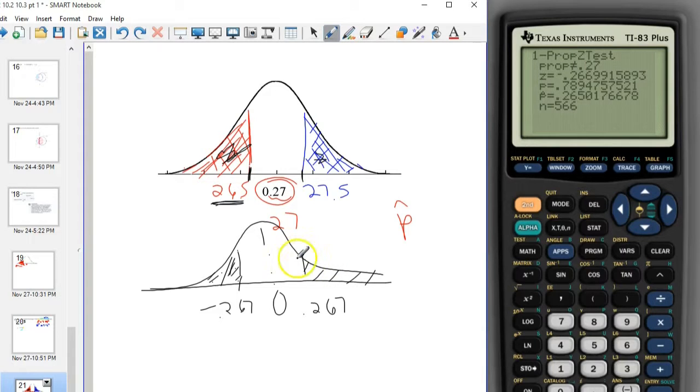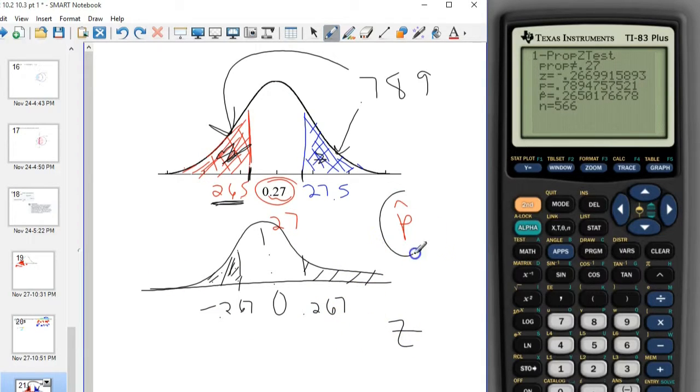So just again to show you our p-value, remember 0.789 is our p-value. That's what we're saying the area is of these two regions added together. This is the standardized version of what we're actually doing in a z distribution.